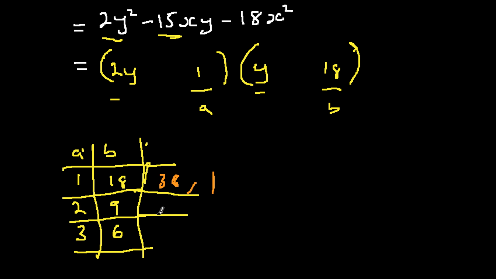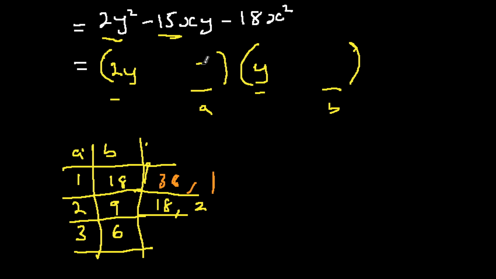No. What if we try 2 and 9? If we had a 2 here and a 9 here, and repeated the same exercise, when multiplying the 2 times the 9, we would end up with 18. And the 2 times the 1, we would end up with a 2. And so there's really no way to combine through addition or subtraction 18 and 2 to produce a 15.